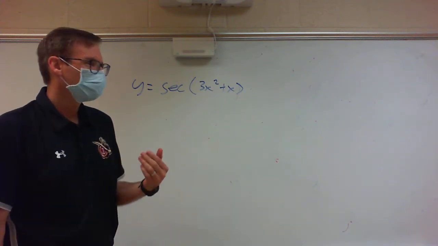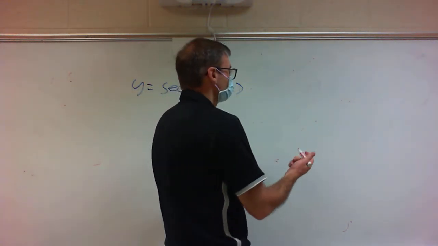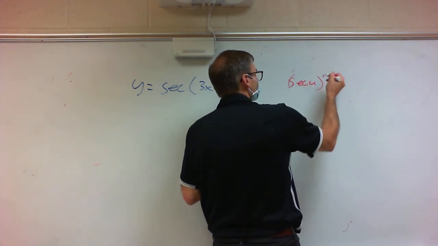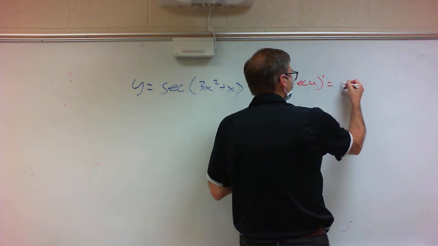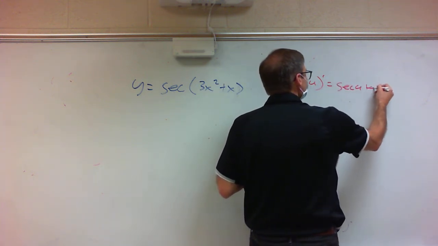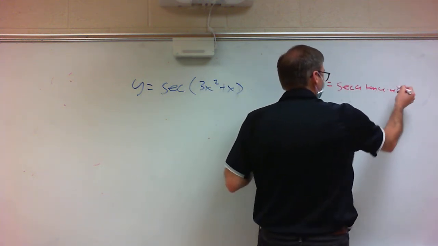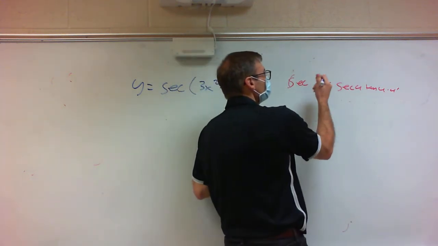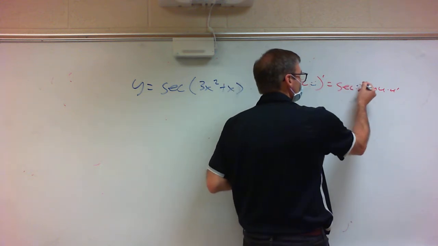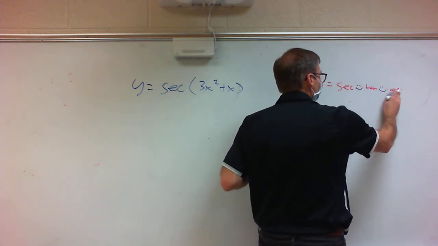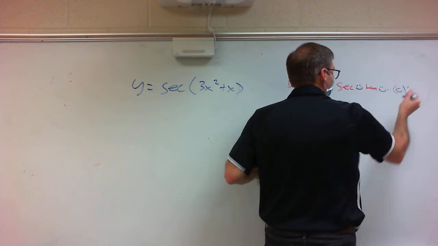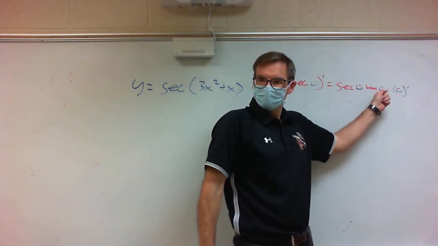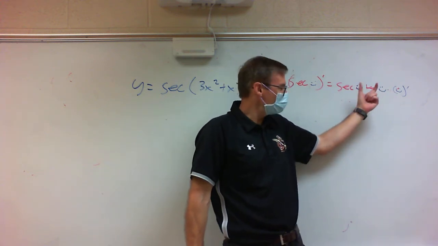If you think about the rule, the derivative of secant stuff is equal to secant stuff tangent stuff times the derivative of stuff. Notice the stuff is repeated. That's a big deal.